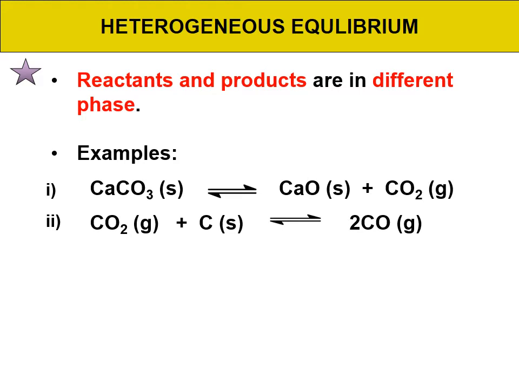Both reactant and products are in different phases, so this is a heterogeneous equilibrium. For the second chemical equation, carbon dioxide gas reacts with carbon solid to produce carbon monoxide gas. So this is also a heterogeneous equilibrium.